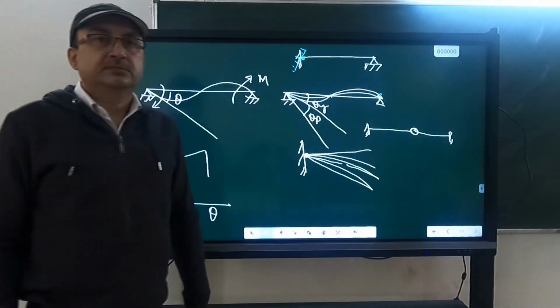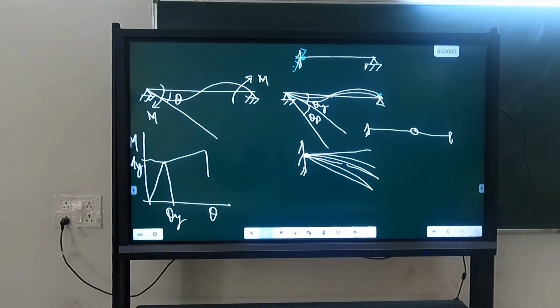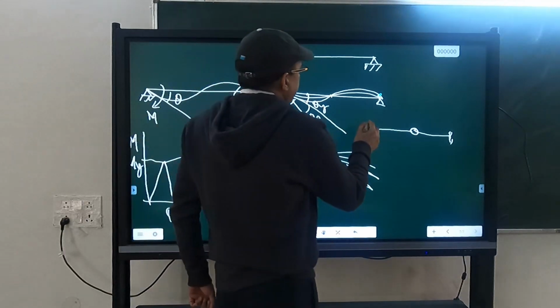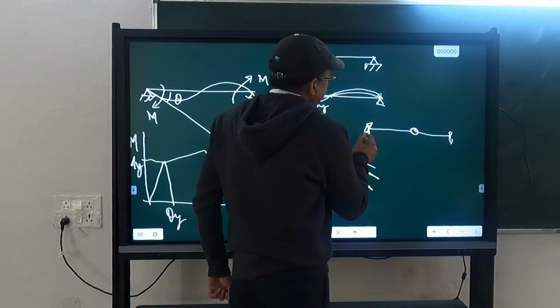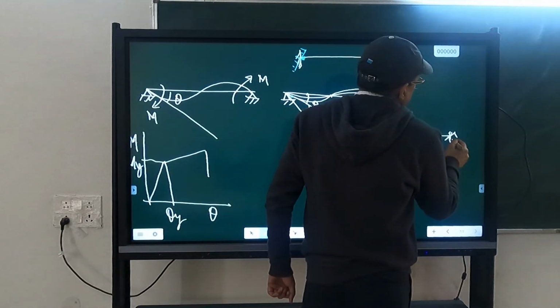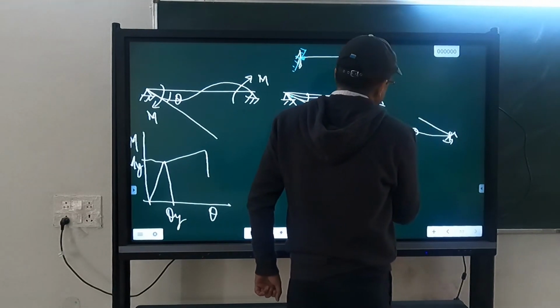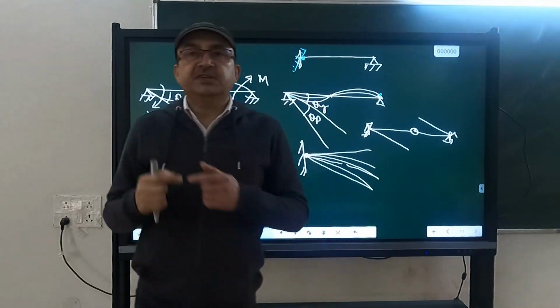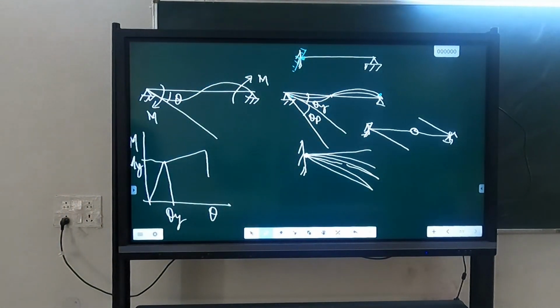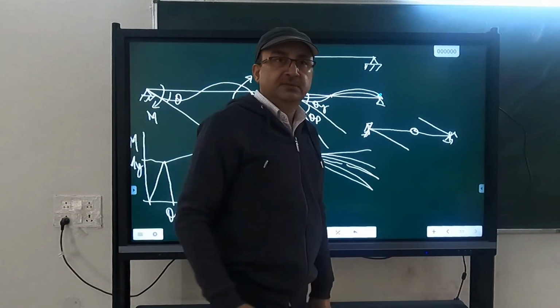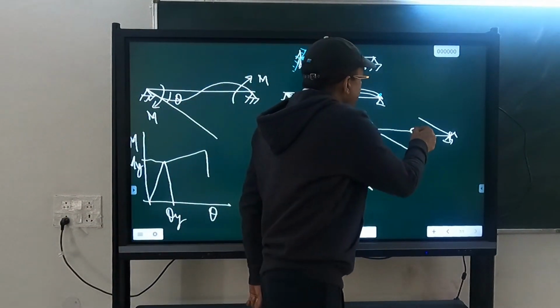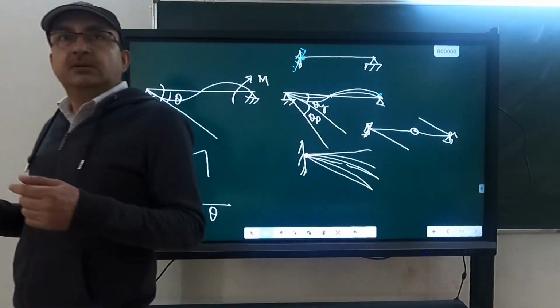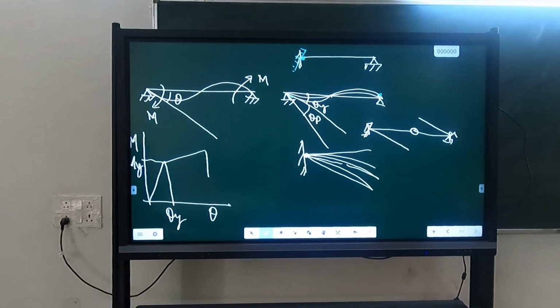At the point of contraflexion, the moment is 0. Now I rotate this cantilever in this direction and this cantilever in this direction. If the pin at the center was not there, these two cantilevers would have deformed like this. But because this pin is there, this pin will bring these two together.